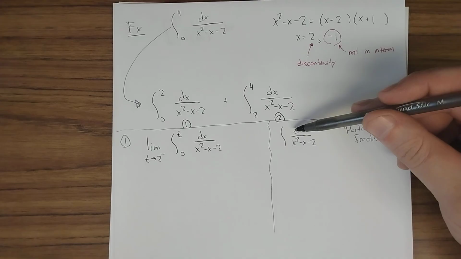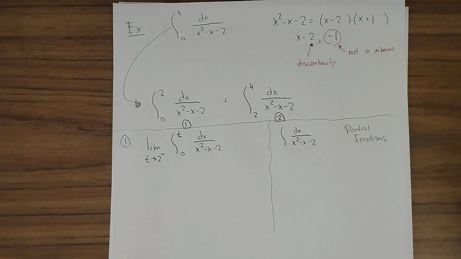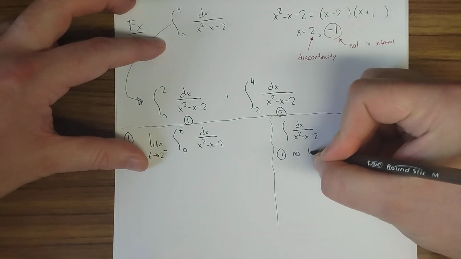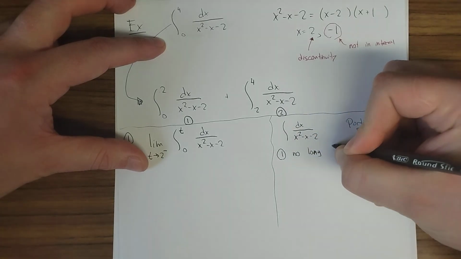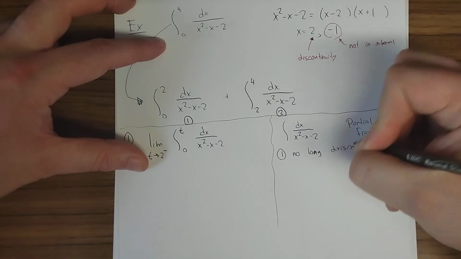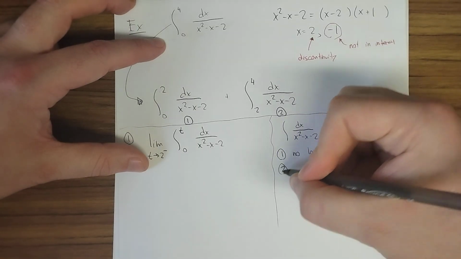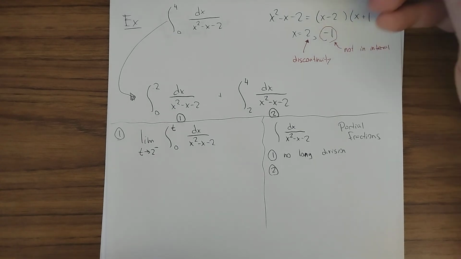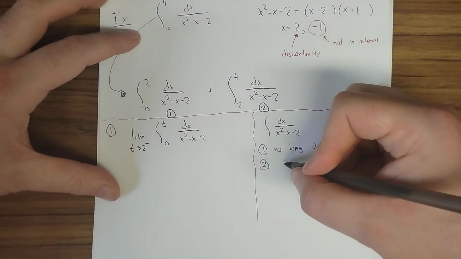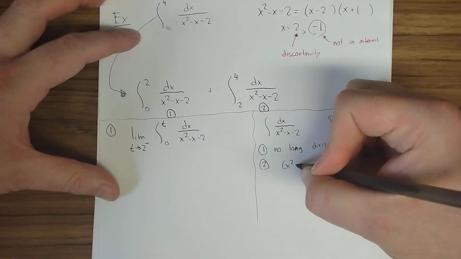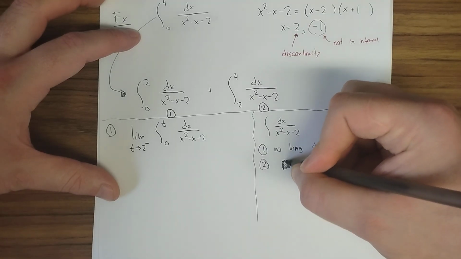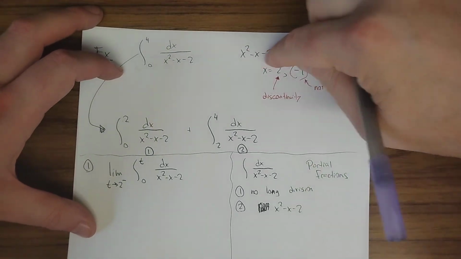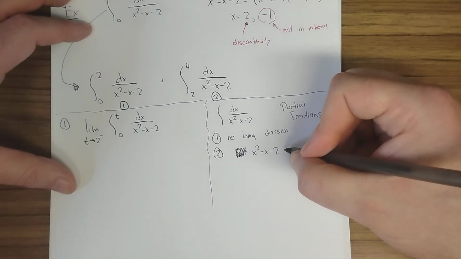If the top has a smaller degree than the bottom, then I don't need to do long division. Step 2 is when I want to factor the bottom. Actually, I factored the bottom just a minute ago.